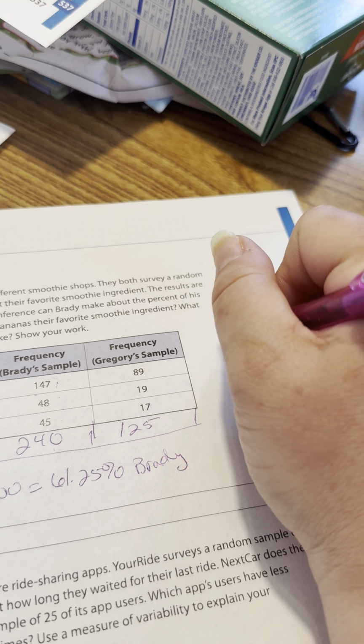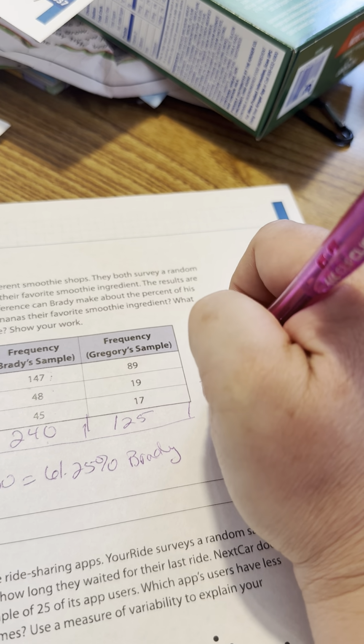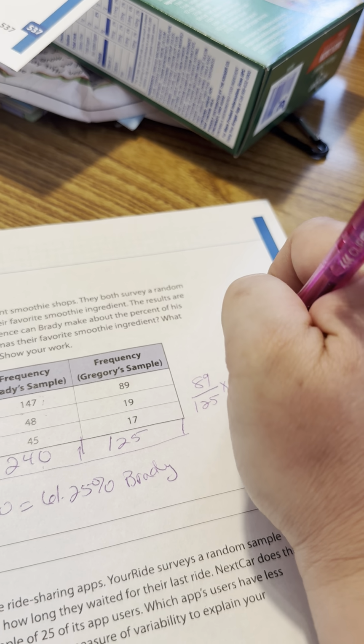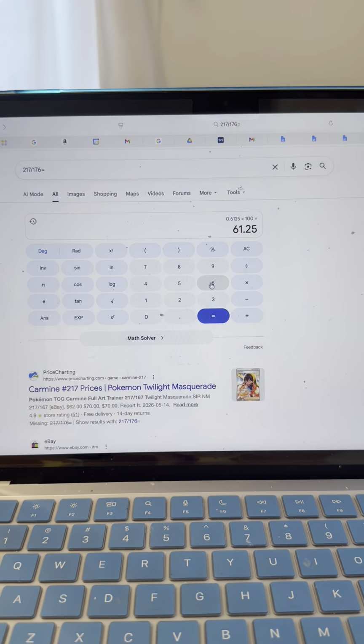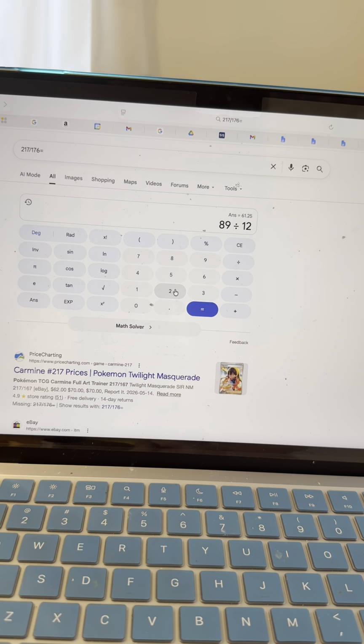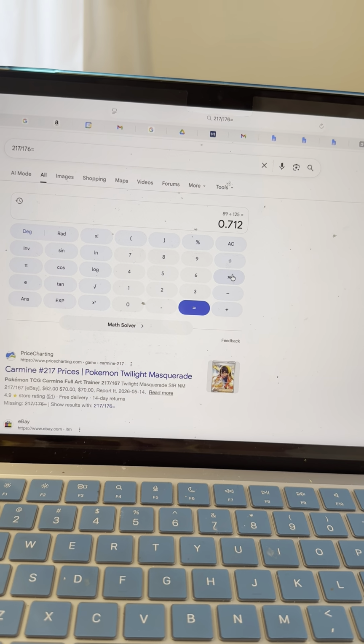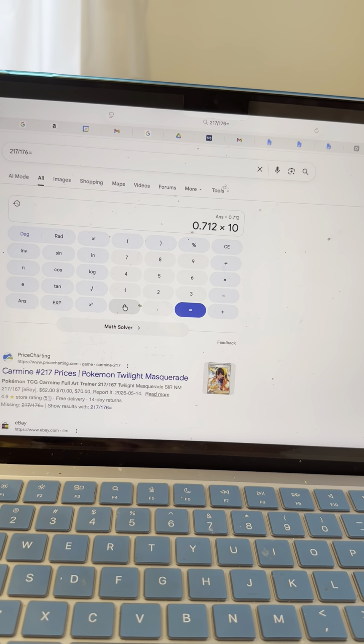And then we'll do Gregory, so we're going to do the same thing. 89 divided by 125 times 100. 89 divided by 125 is equal to 0.712 times 100, 71.2.